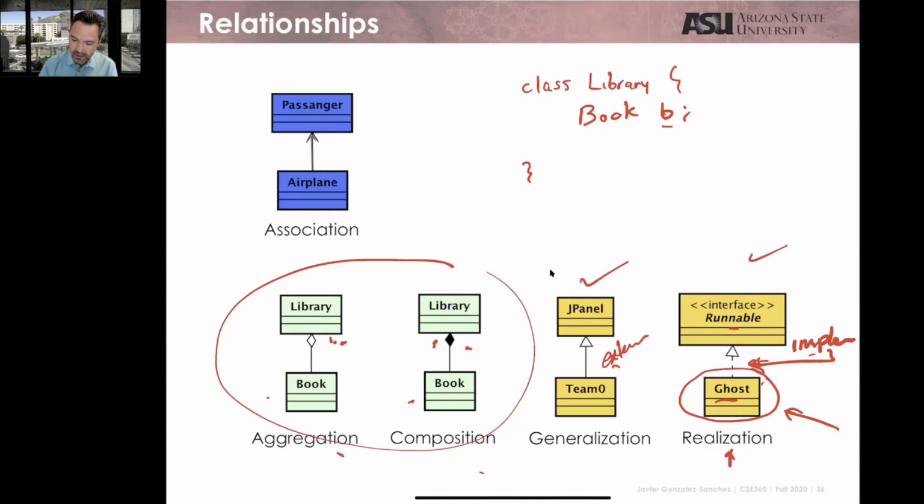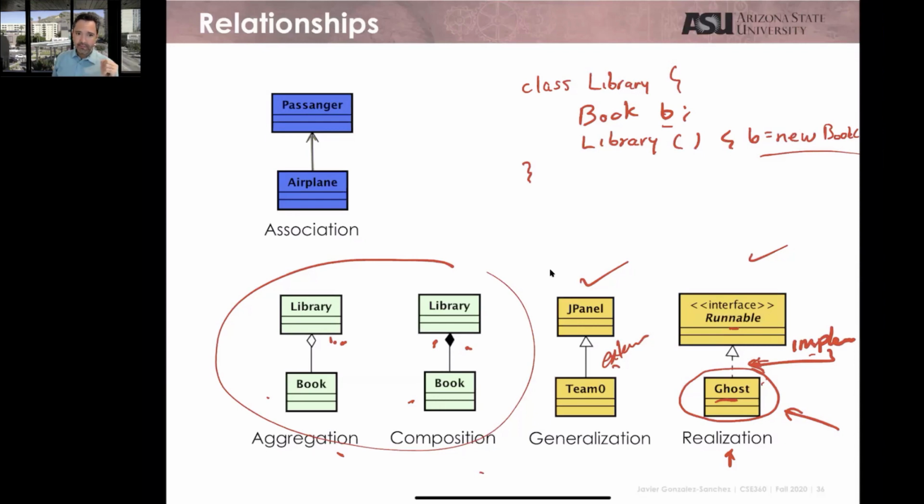Something simple. Library. Can we agree that that one is the constructor? If you have a constructor and inside of the constructor you do the new Book, if you put the new inside of the constructor of Library, can you create a Library object without at the same time creating that Book?